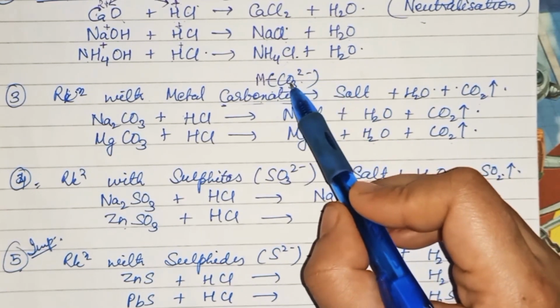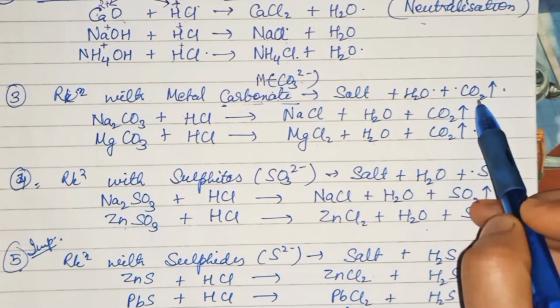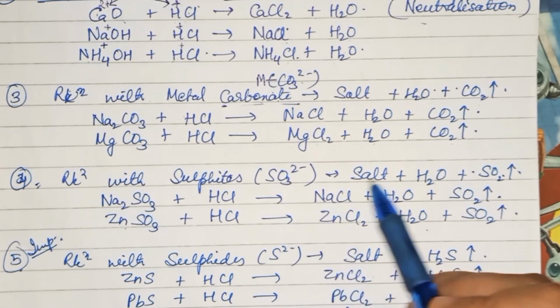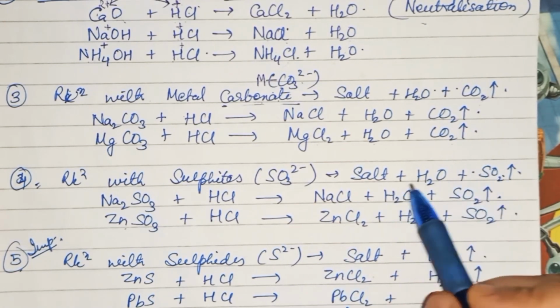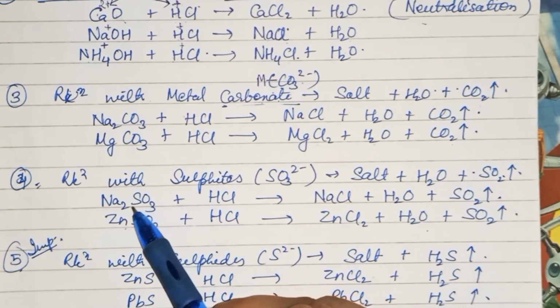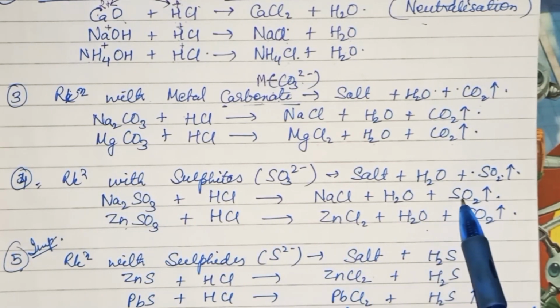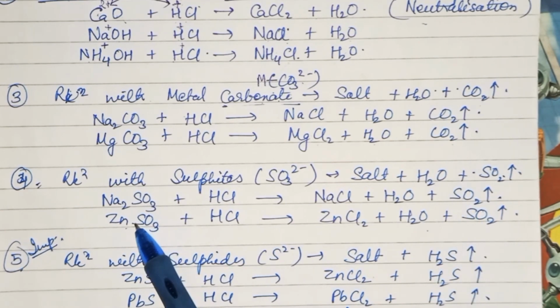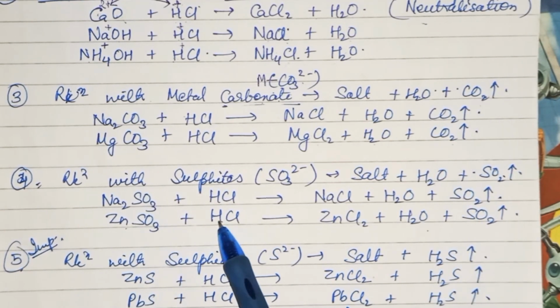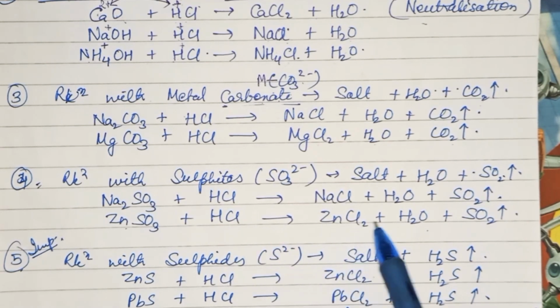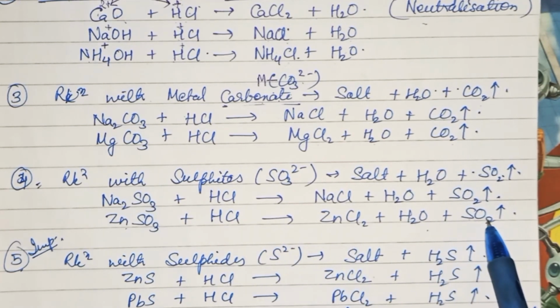Here CO3 was there, so CO2 gas was forming; SO3 is here, so SO2 will form. The reaction is the same: sodium sulfite with acid will give sodium chloride, water and sulfur dioxide. Here also zinc sulfite with HCl acid gives zinc chloride, water and sulfur dioxide gas.